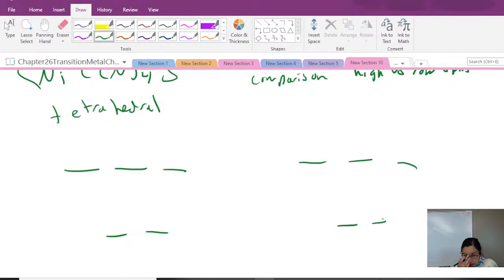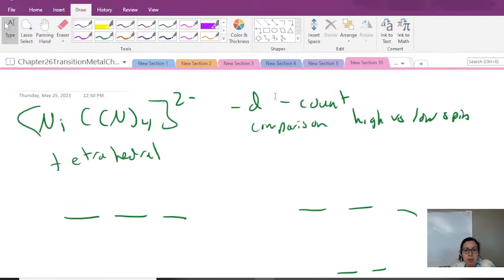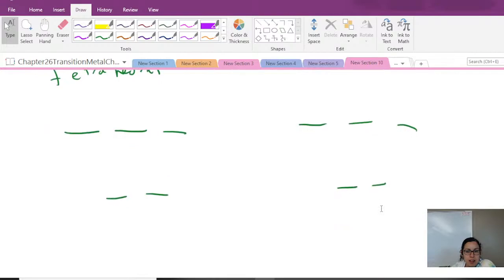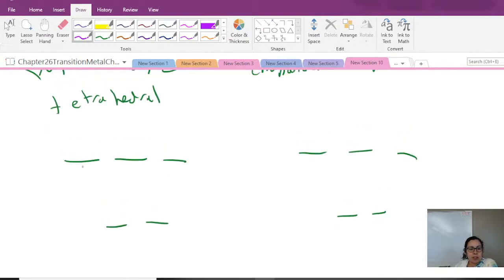Since we're out of time, let's go through this. What's the D count? Is that what you got for oxidation state, 2? Yeah, nickel 2, and then what's the D count? D8. Then all we do is fill it in. Let's compare.